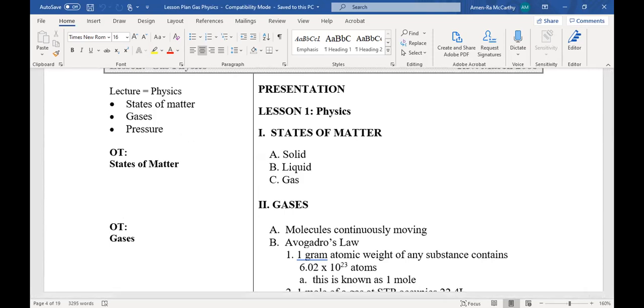States of matter. So let me see. I think I have a PowerPoint for this one. Might look a little bit better.